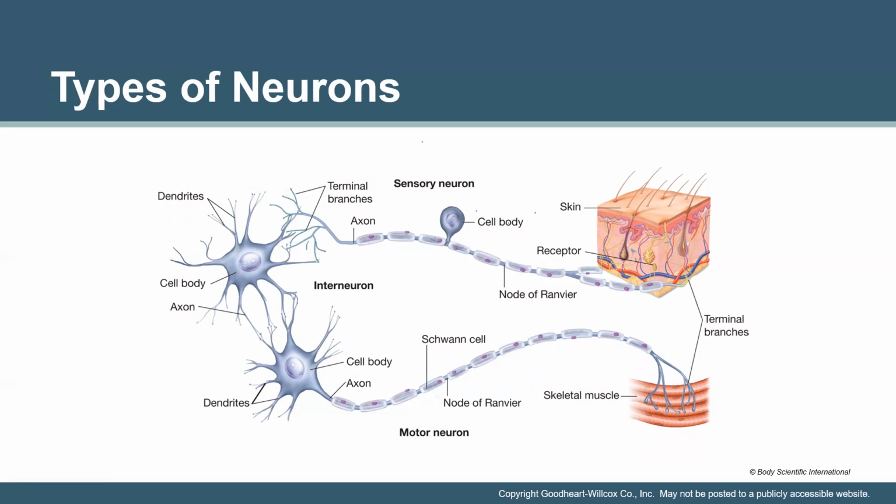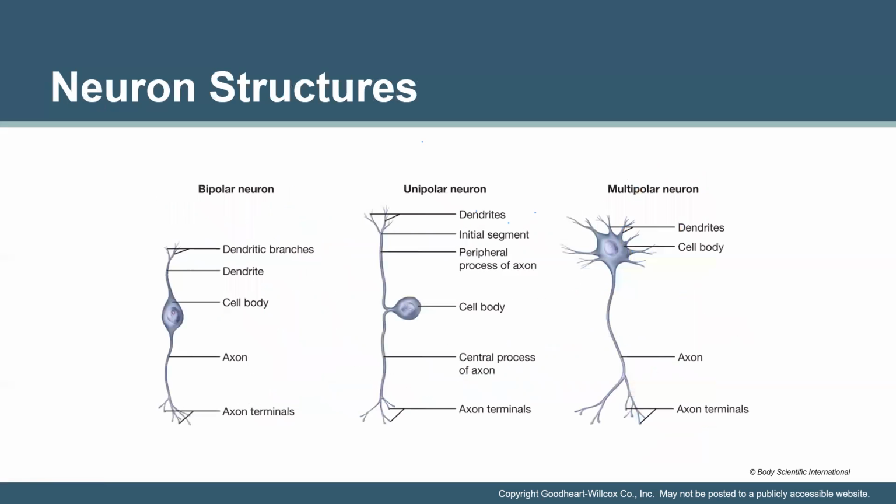Now I mentioned we have different structures of a neuron, and their structure will help determine their function, and their function can help determine what needs to be there. So in a bipolar neuron, they have one axon and one dendrite.